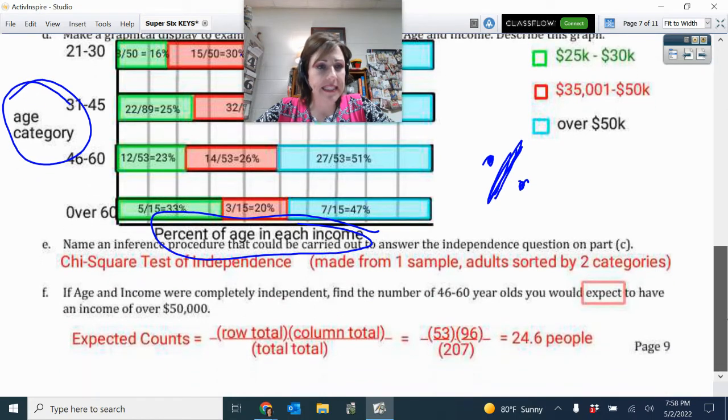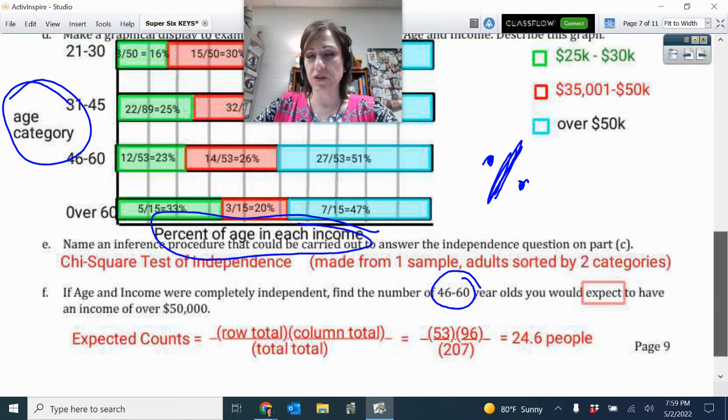All right, next, if we were going to do an inference procedure, hopefully you recognize one sample, two variables. This would have been a chi-squared test of independence. And then look here, if age and income were completely independent, then how many would you expect? So that's the expected count. So I want to do the row total times column total over total for that 46 to 60-year-olds in that income over 50,000.